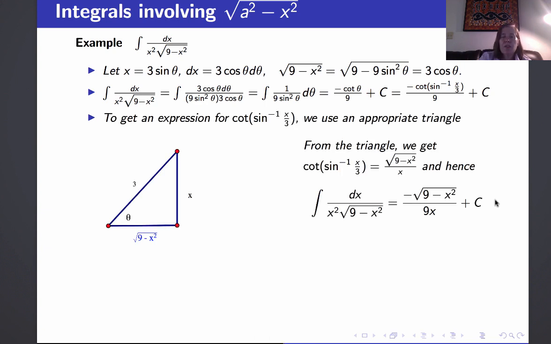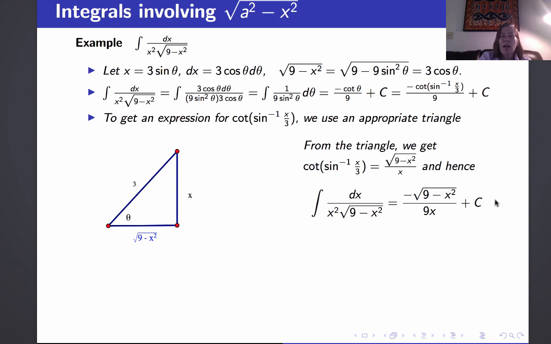We would like to get a simpler expression in x's, and again we construct our triangle where theta is an angle with sine value x over 3. So the easiest such triangle to construct is to have the opposite side to theta of length x and the hypotenuse of length 3. And that gives us the length of the adjacent is the square root of 9 minus x squared.